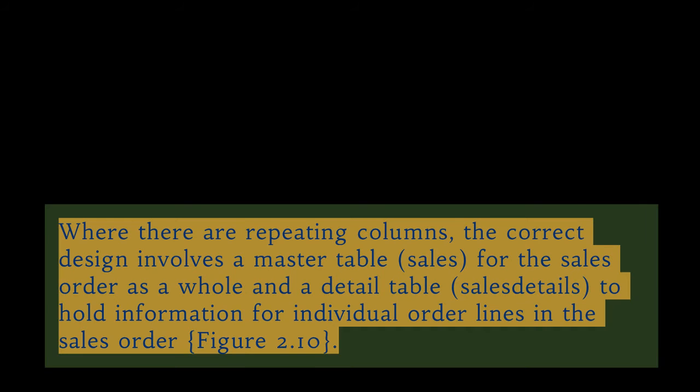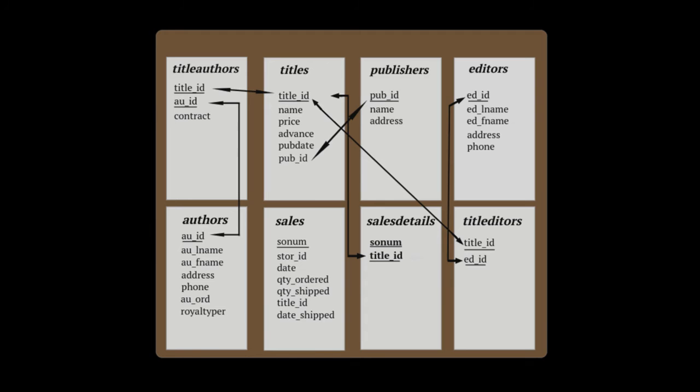Where there are repeating columns, the current design involves a master table, sales, for the sales order as a whole, and a detail table, sales details, to hold information for individual order lines in the sales order, figure 2.10.